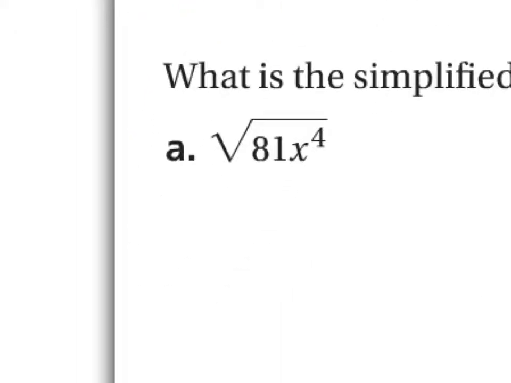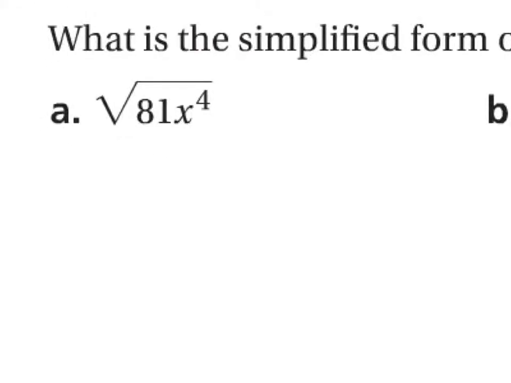Let's try one at the bottom here. So this is the second example A. Just to make sure everybody understands what's going on, because some of these problems will be larger than just two things inside. We are using that original rule saying that we can break up radicals. So for example, I am trying to take this as the square root of 81 times the square root of x to the fourth.